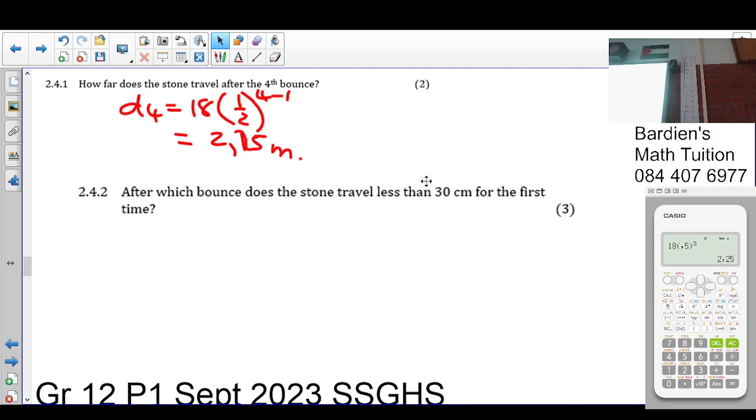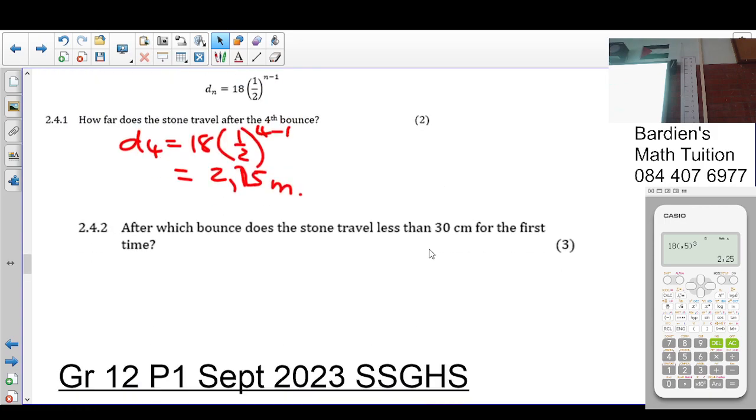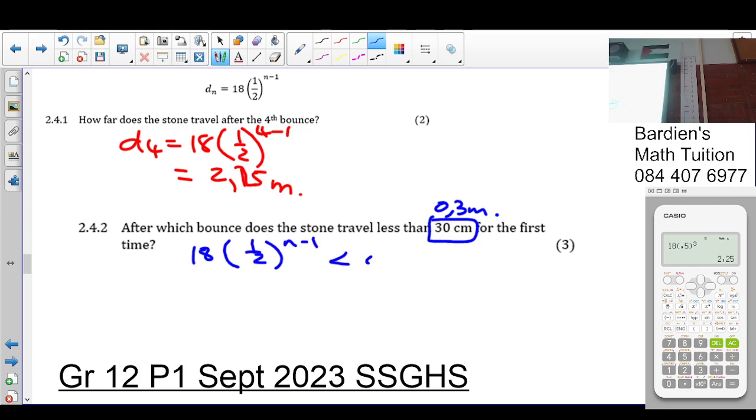So in other words, these centimeters I must first convert to meters. How many centimeters are there in a meter? 100, so I divide by 100, and that gives you 0.3 meters. So 18 into a half to the n minus 1 must be less than 0.3.